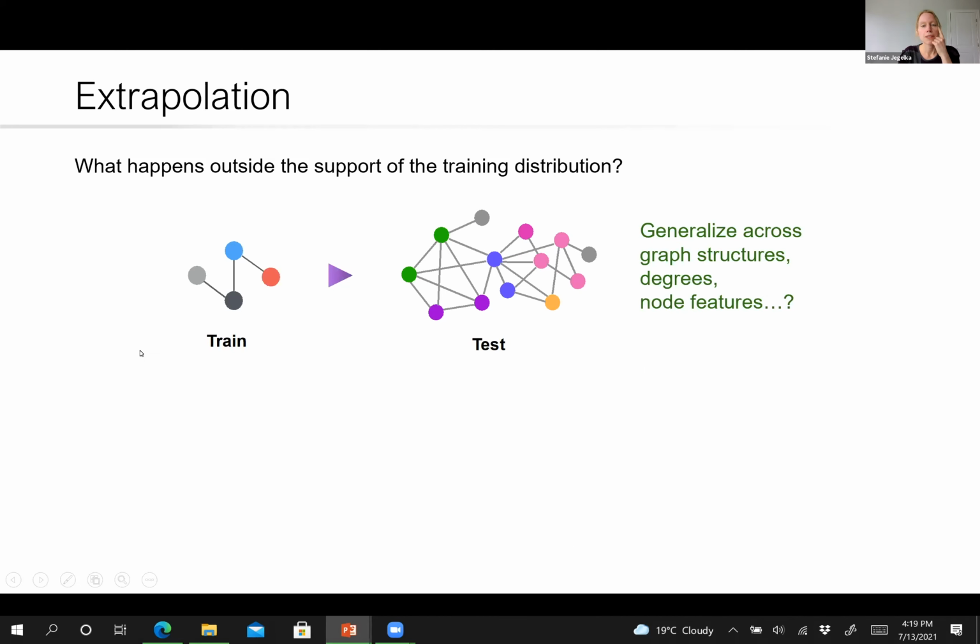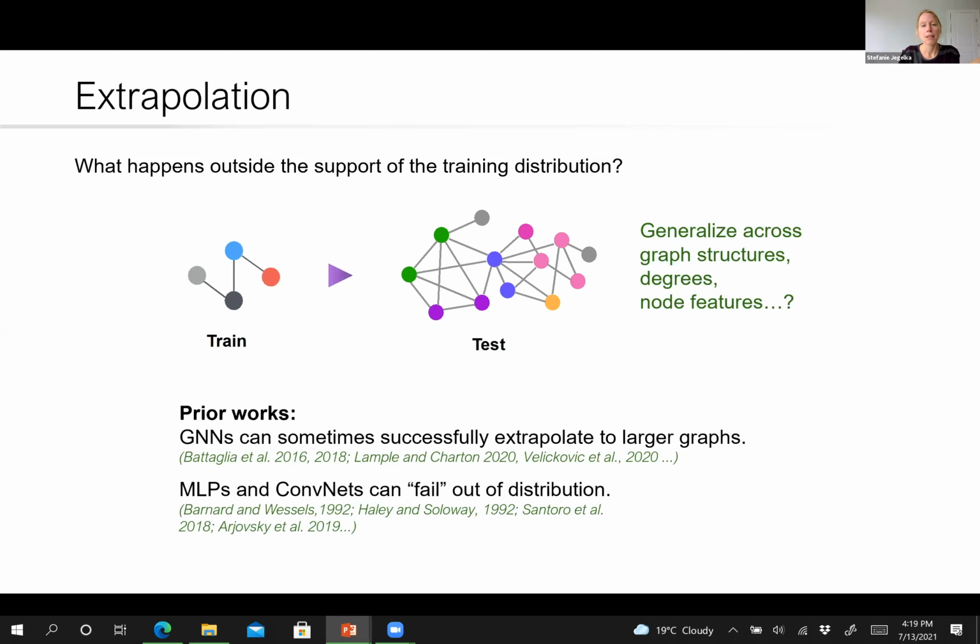So basically the question, as I said, is: does the graph neural network generalize to graphs with different structures, different degrees, if I train it on a specific distribution of graphs? And this is relevant for obvious reasons. If you think it has learned an algorithm, it better also generalize to other graphs if it's really implementing that algorithm. But this is actually not always necessarily true.